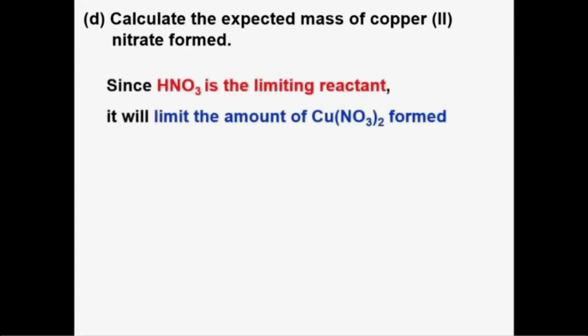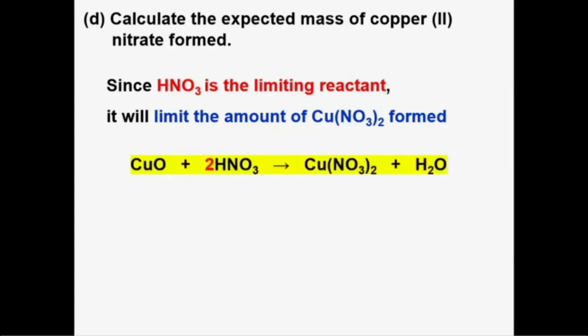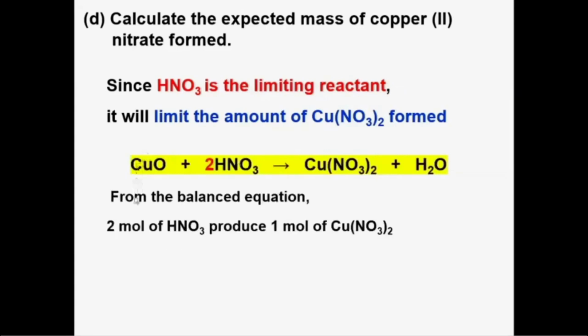Okay, so once again, since we have determined that nitric acid is the limiting reactant, this nitric acid will limit the amount of copper 2 nitrate formed in this reaction. From the balanced equation, we know that 2 moles of nitric acid produce 1 mole of copper 2 nitrate, but we don't have 2 moles of nitric acid in this reaction.